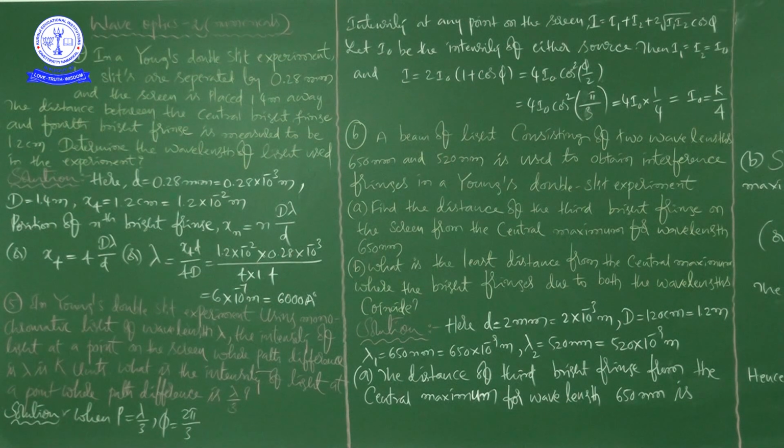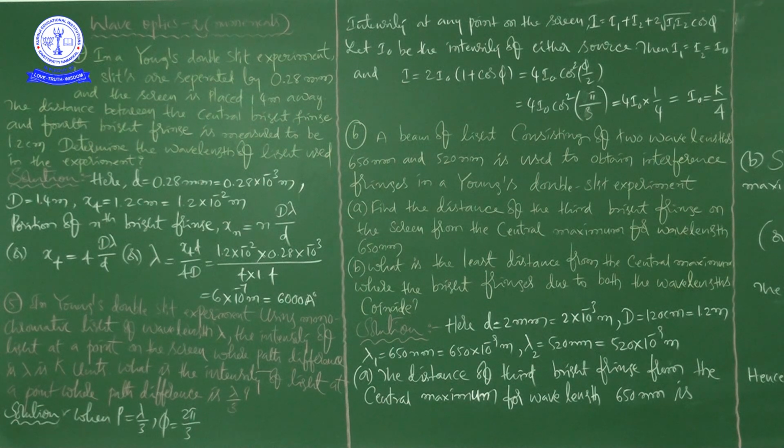In a Young's double slit experiment, the slits are separated by 0.28 millimeters. This is the distance by which the slits are separated, that is small d. When I am explaining this problem, you have to keep the Young's double slit experiment picture in your mind.